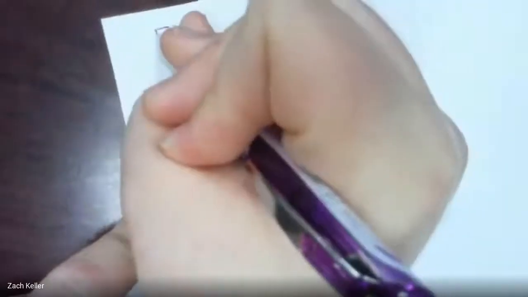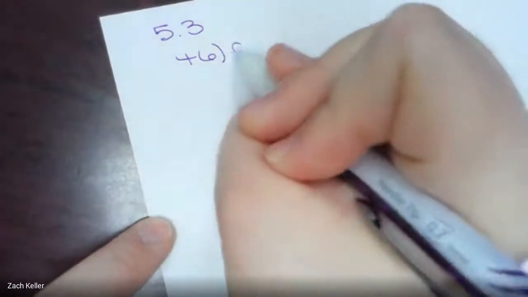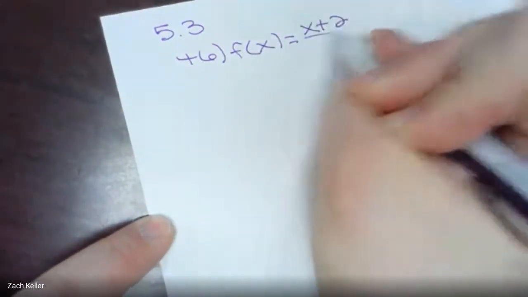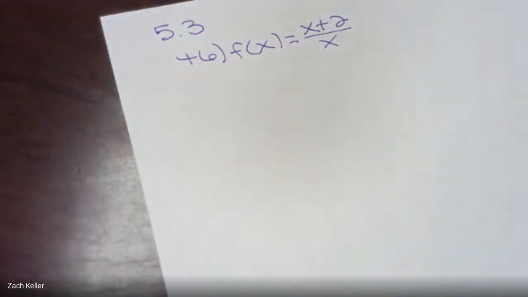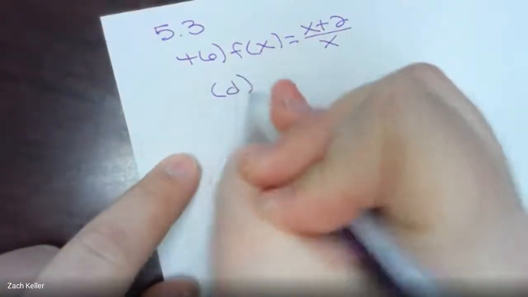I mean, you probably haven't seen it for a while, but yeah, 5.3 is looking at inverse functions, so you've seen them before. 46. State the domain. You just need the domain and range, part D.